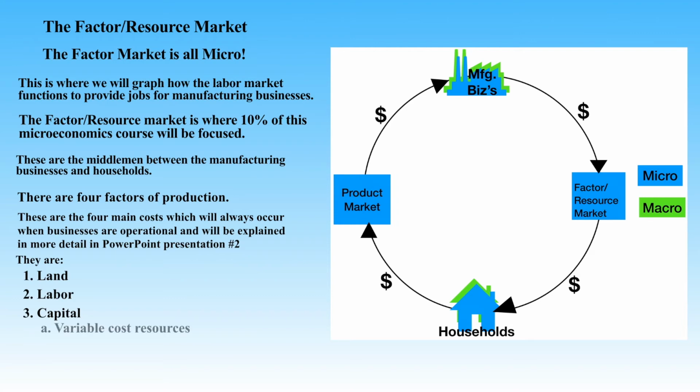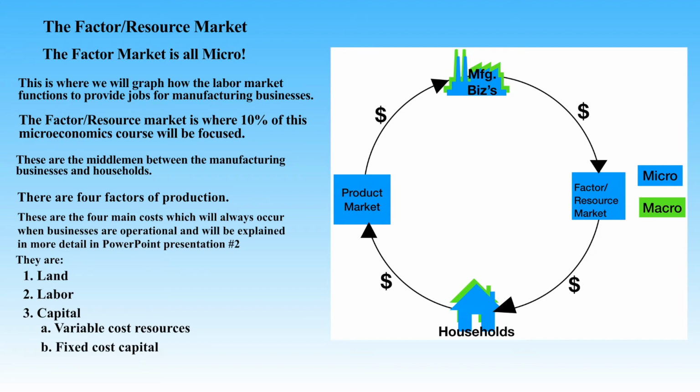First, there is the variable cost resources, meaning resources which vary with output. A shirt manufacturing firm who produces millions of shirts will have high costs when it comes to cloth, buttons, thread, labels. If they produce 0 shirts, these costs will be 0, therefore varying with output.